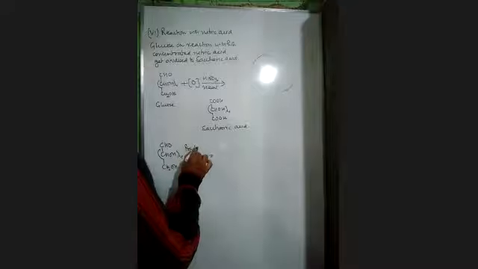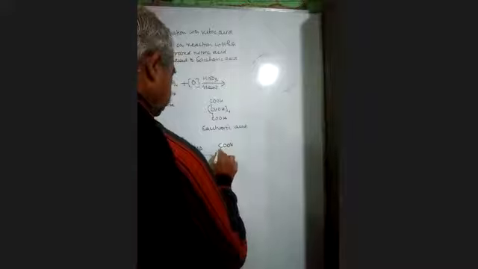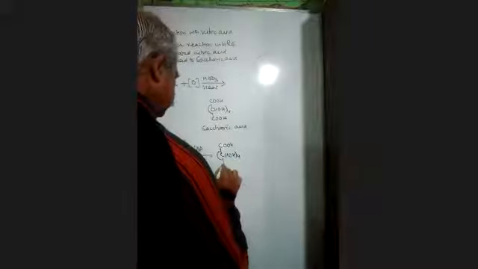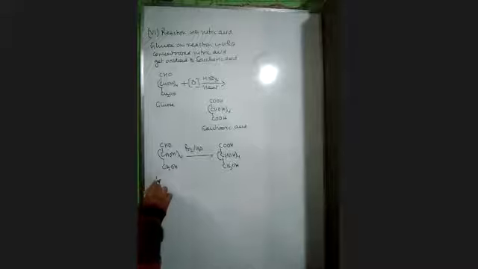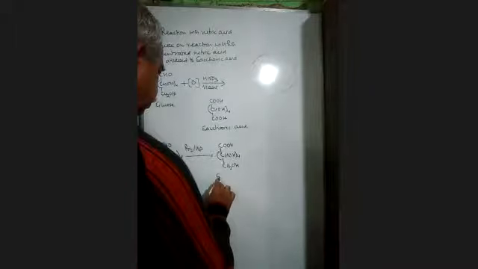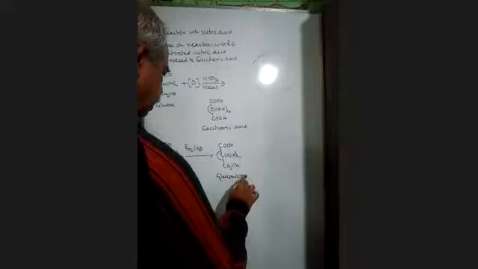So I'll write now here Br2, H2O. So we got this. That you have already done. Okay. So glucose, and we mentioned it as gluconic acid.